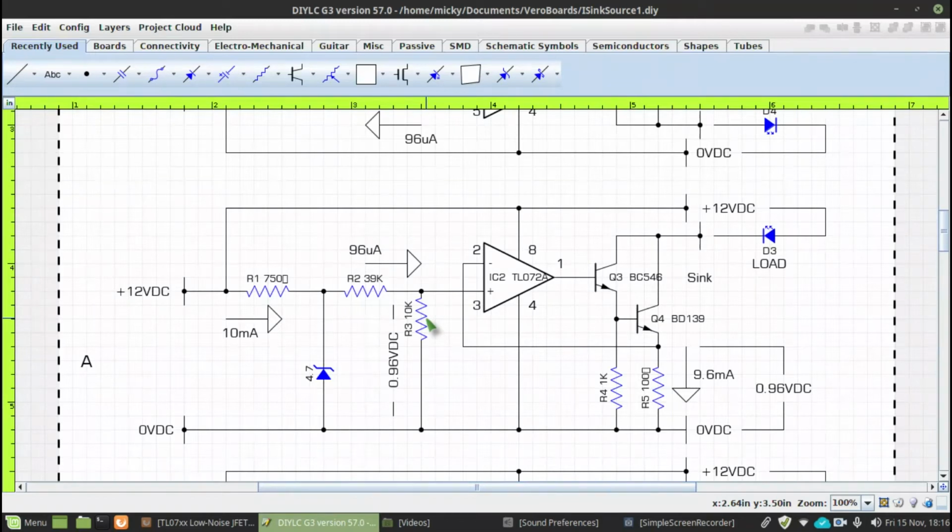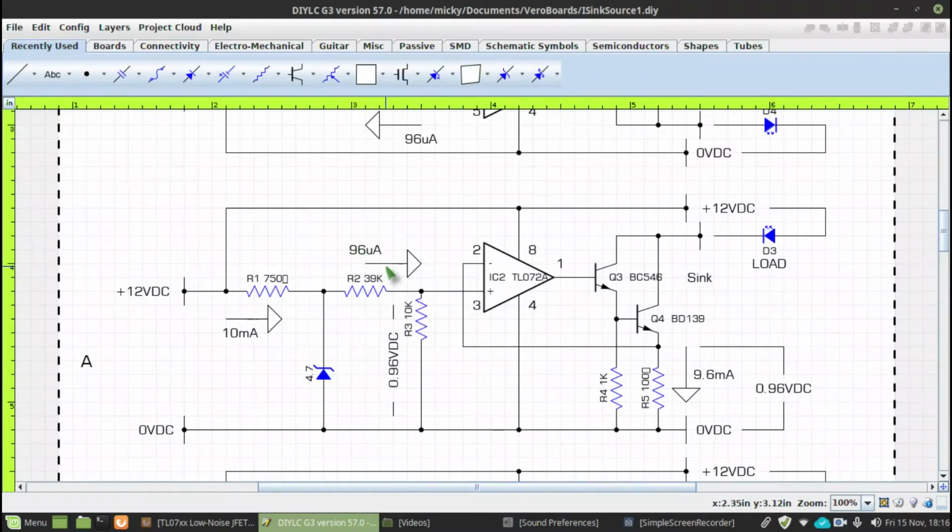This will produce a current of, well, we've got a reference voltage of 4.7, so let's go 4.7 volts divided by the sum of these two resistors, which is 49k, and that comes out at 95.9 microamps. So it's close enough to 96 microamps.